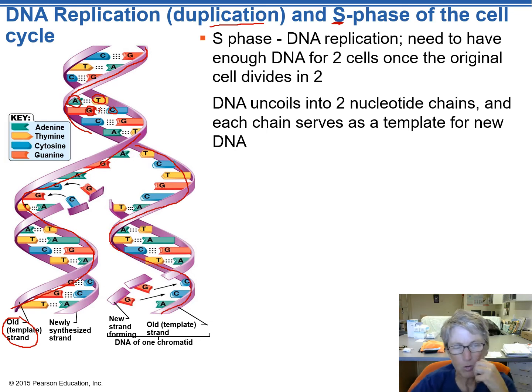Then what you do is build a new strand, and that's what it shows in this cartoon. See how it's cut here, cut here. This is the new strand of DNA being made, because, as you probably know, DNA is a double helix. So each daughter cell has to get a full one of these double helices.